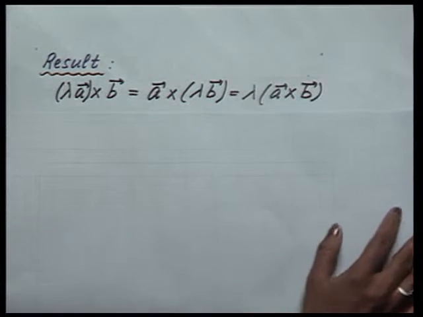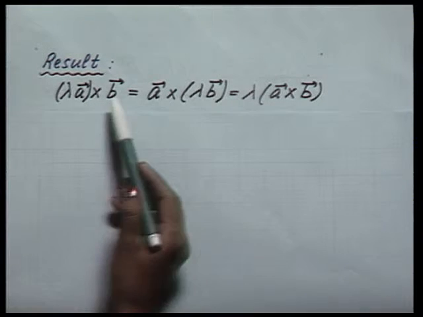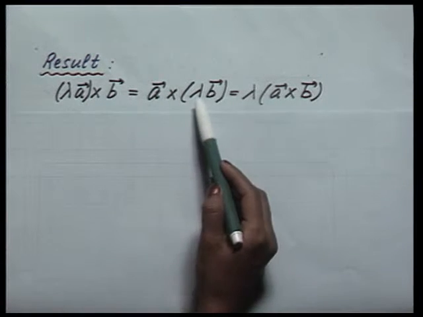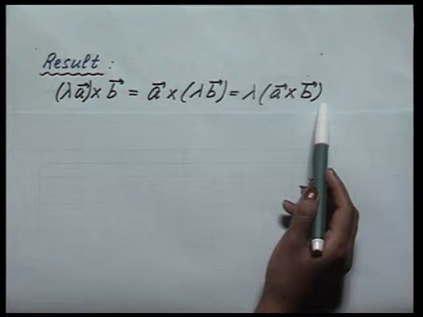We would like to know if this result is true, lambda A cross B is equal to A cross lambda B is equal to lambda of A cross B. And I think you will find it extremely simple to verify that this is indeed true. And before we explore the connection between cross product and vector addition, let us make a connection between cross product and dot product.